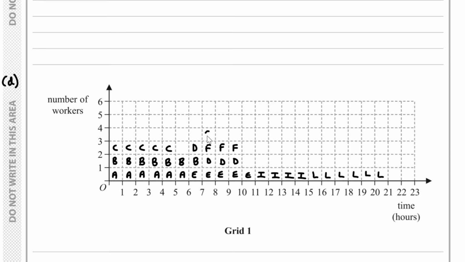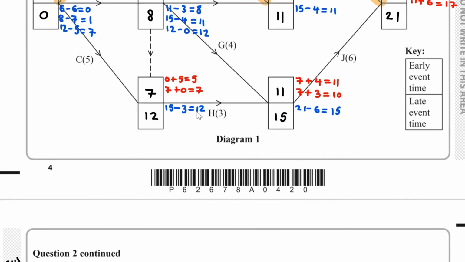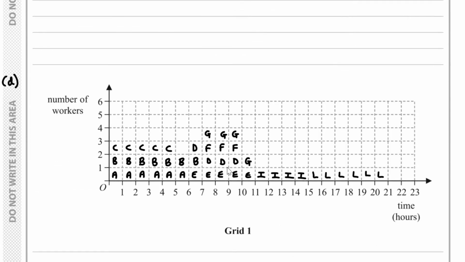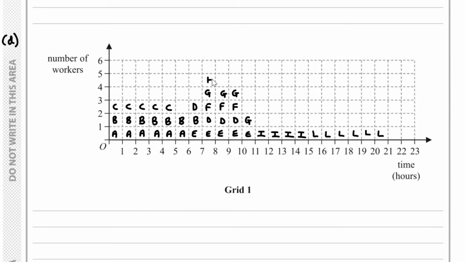So G goes here, has duration 4, but because we can't have any gaps like this, this drops down here. If we take a look at H, starts at 7, has duration 3, so H goes here.